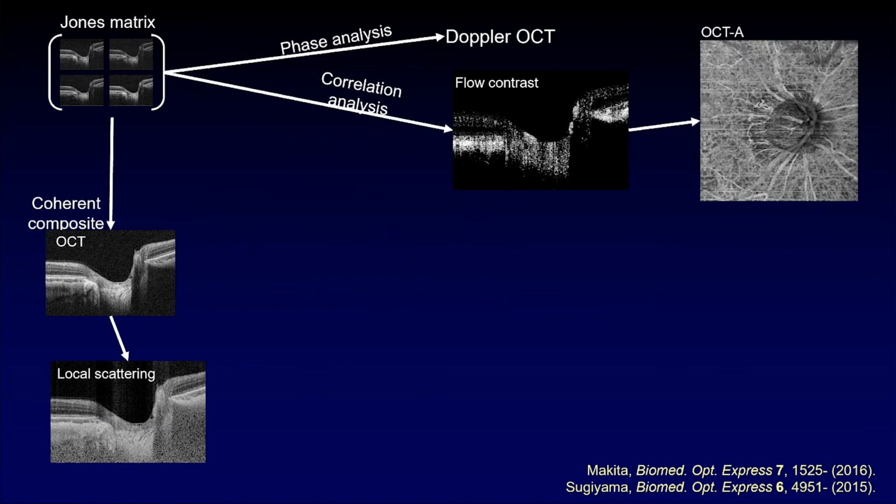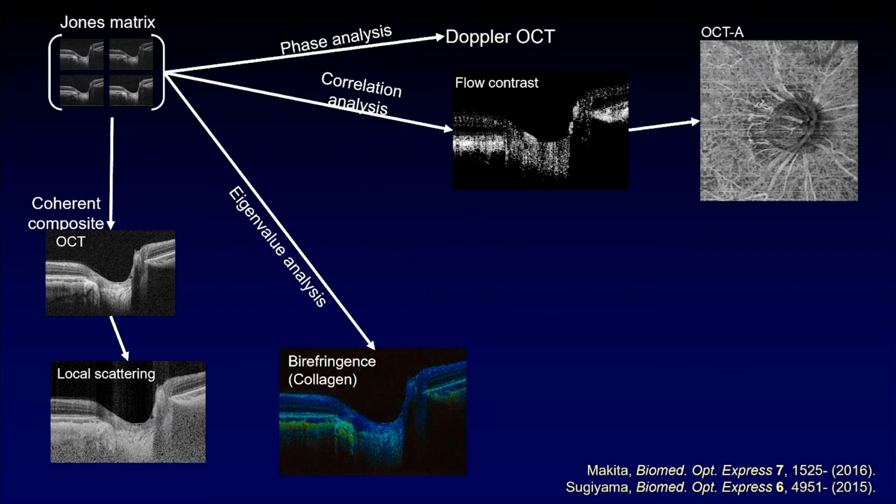Okay? And in addition, surely the Jones matrix possesses the polarization information, as maybe you've learned in undergraduate school. By applying the eigenvalue analysis or eigenvalue decomposition, we can compute a phase retardation or local phase retardation, so-called birefringence. And for the clinical application, birefringence is known to be specific for collagen or other microfiber structures, like the nerve fibers.